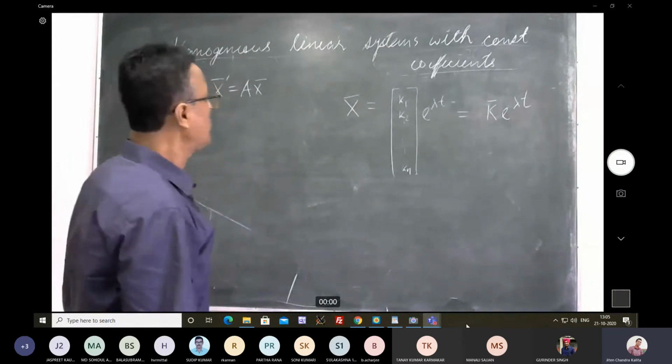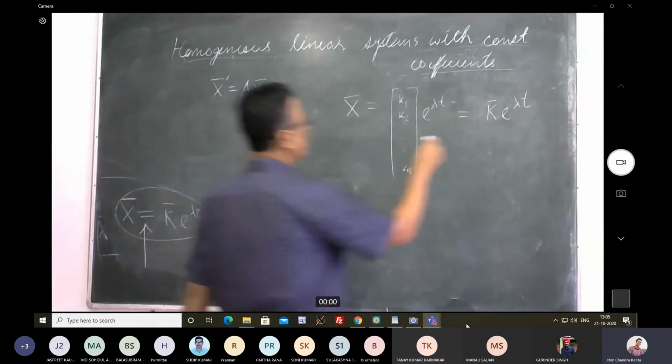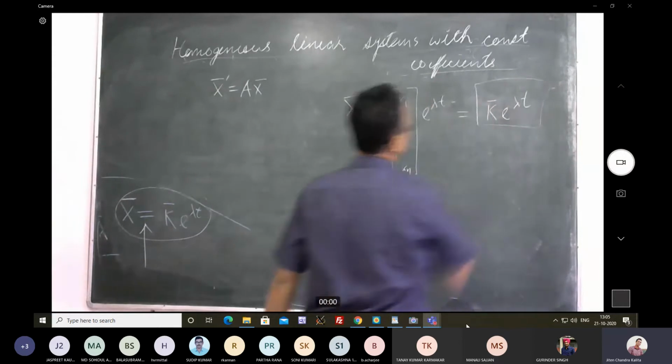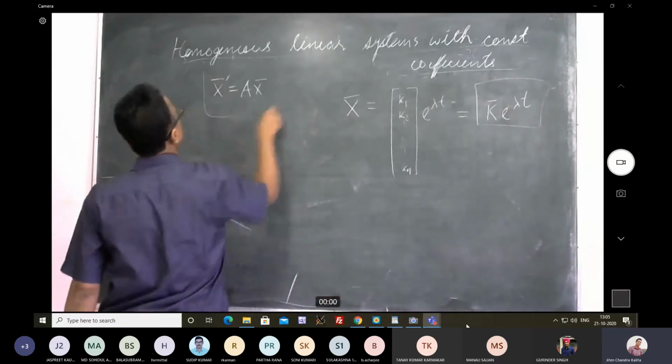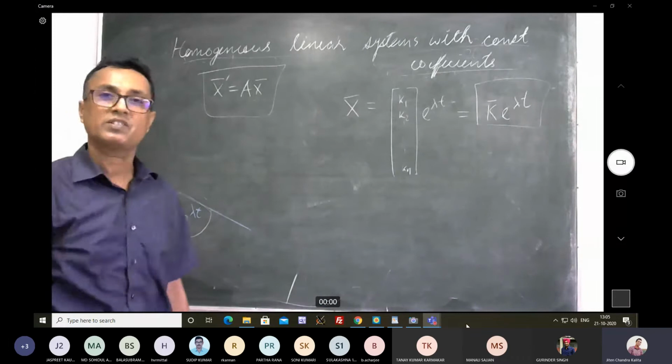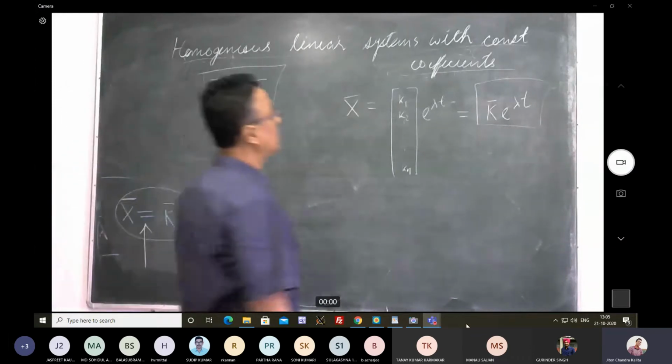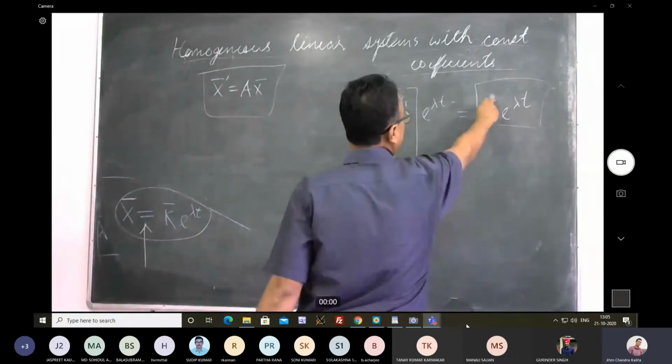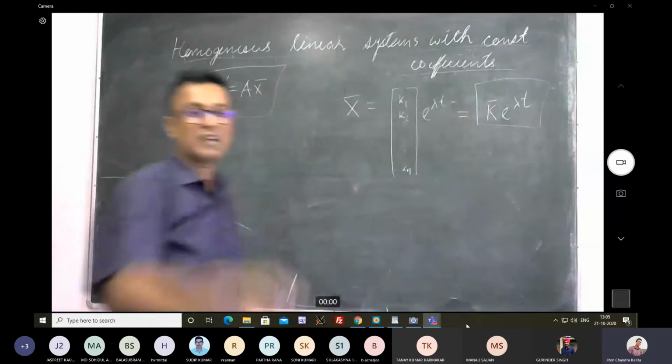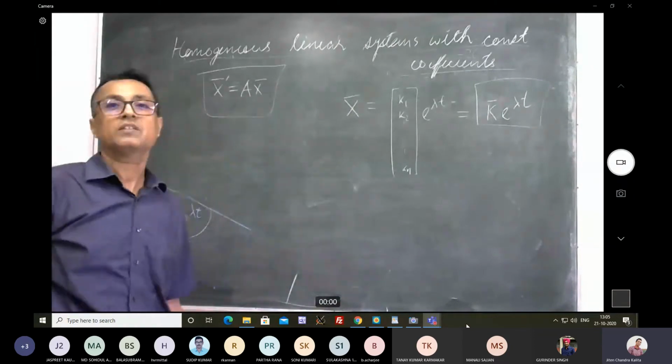Let us assume this is the solution of a given system of differential equations. Remember that k is a constant vector.